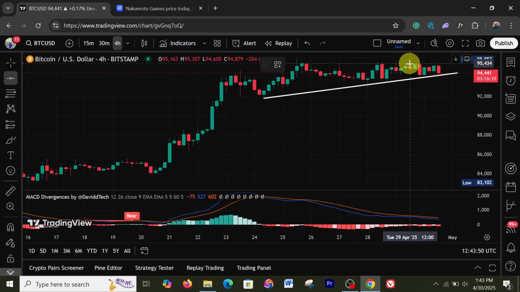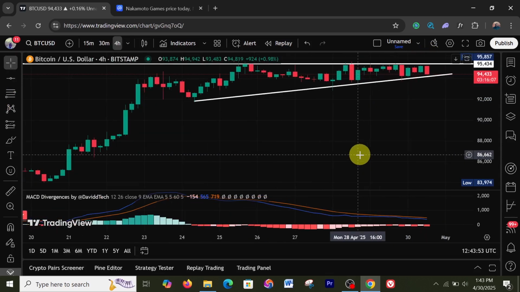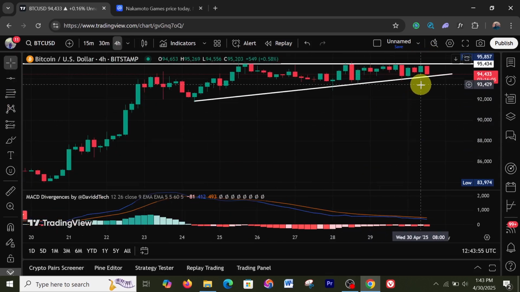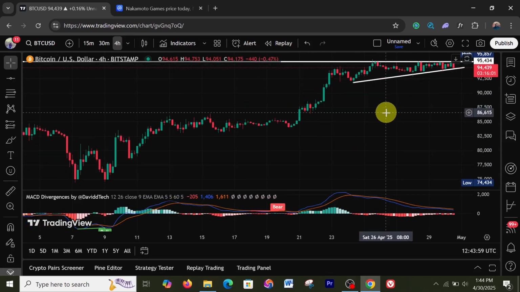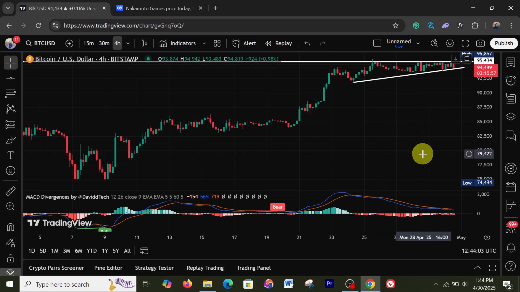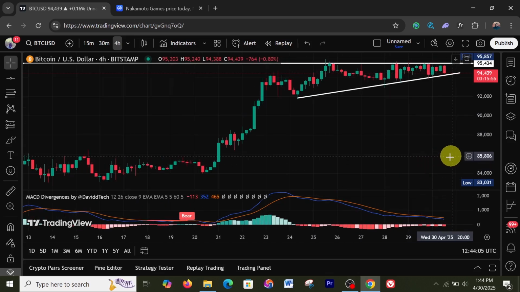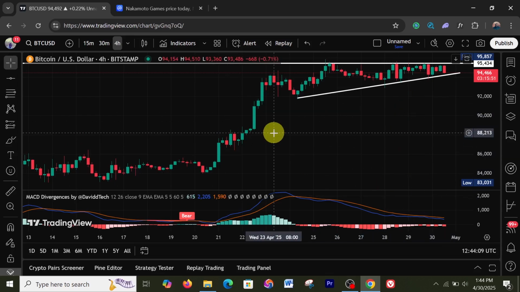In case you don't know, I've been doing this for over 8 years, so I know. This is an ascending triangle, super effective, and it works most of the time, but not all the time. So this is already giving us that vibe. I will just have to wait for this particular momentum to turn to the bullish side, and I'll take a long position. So you see that, that's it.